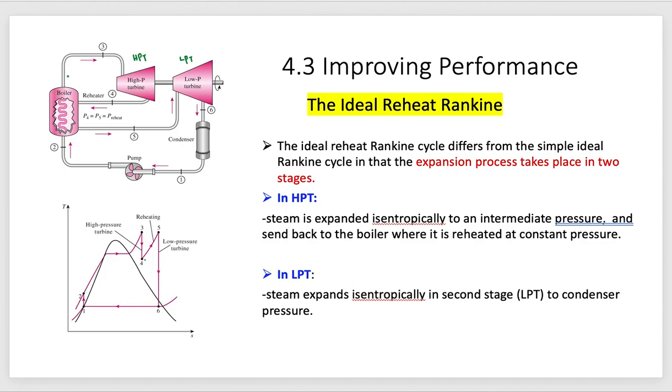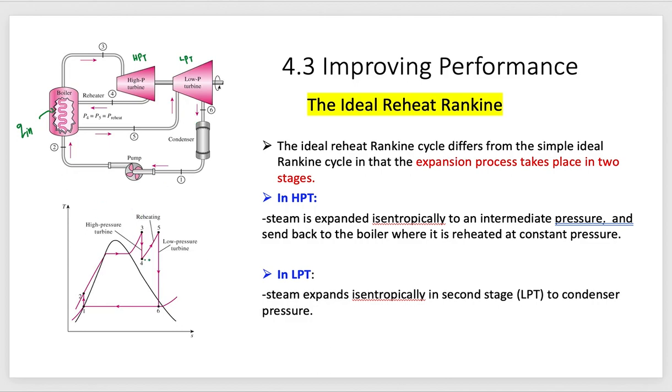So in a boiler, what happens is there will be heat addition. State 2 to 3 is constant pressure heat addition. This is the highest temperature, T3. T3 is the highest temperature and this is at the inlet of the HPT.